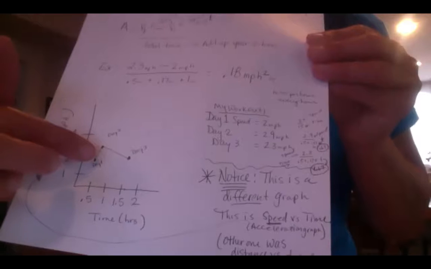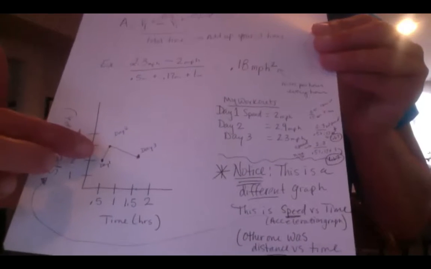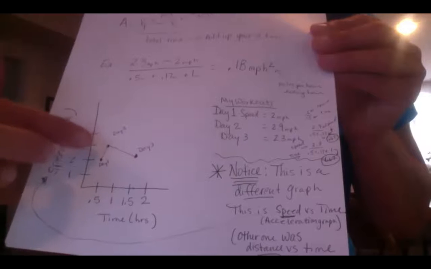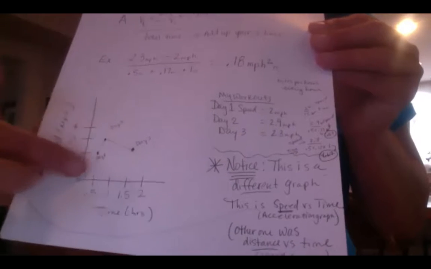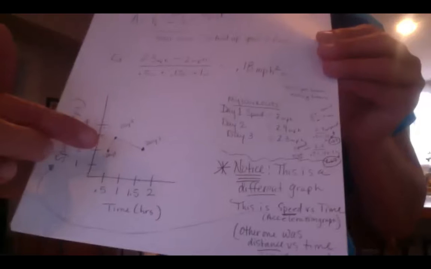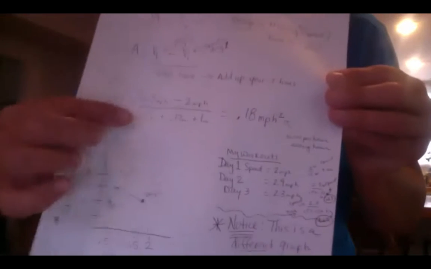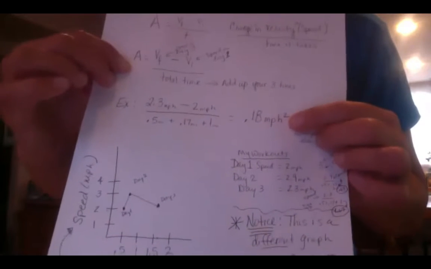Since I made this a little bit simpler and one less mathematical step, instead of comparing each day, I just compared the total workout. So overall, my acceleration increased just a little bit by a positive 0.18.